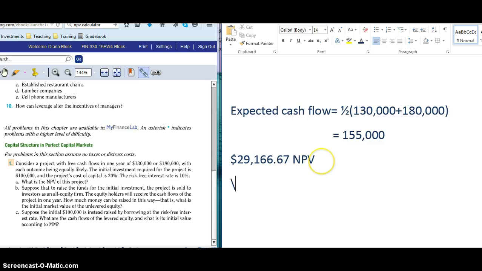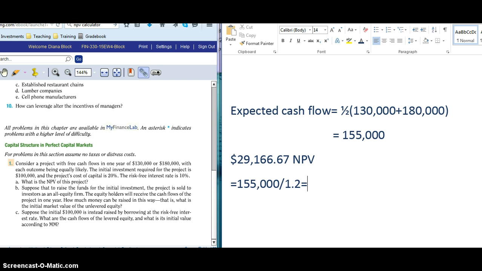To get a solution to part B, we're going to take the amount of cash flow that we are going to have in year one, and then we're just going to divide that by 1.2 because our cost of capital is 20%. So we're looking at 1.2 as our denominator. We're going to take 155, our cash flow, divided by 1.2.